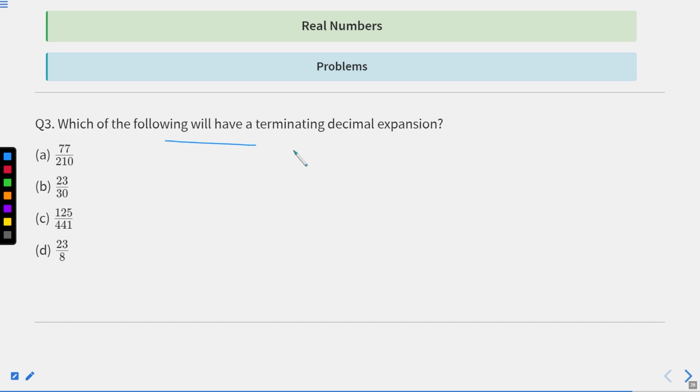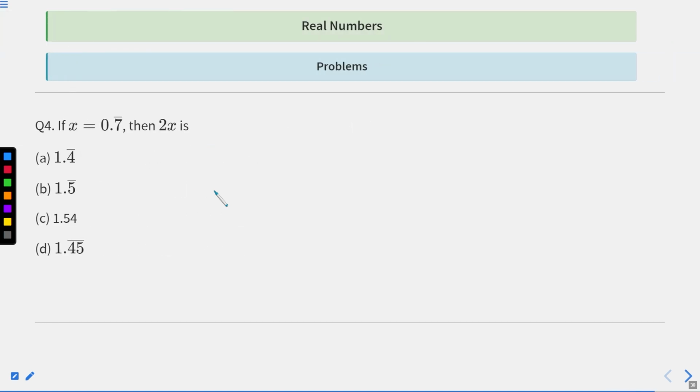In question 3, which of the following will have a terminating decimal expansion? You have to find the decimal expansion of these four numbers and see which one terminates.